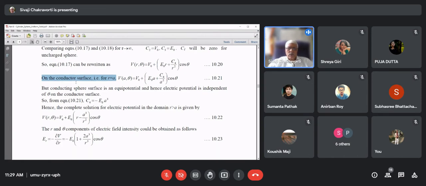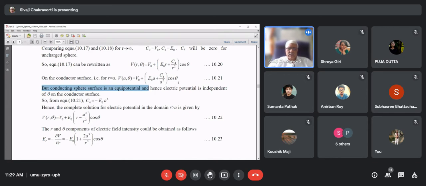Then we say that this coefficient should be 0, and if you put that E0 into A plus C4 by A square is equal to 0, you arrive at C4 is equal to minus E0 into A cube. So therefore, the complete solution for electric potential in the domain R greater than A is given by equation 10.22.